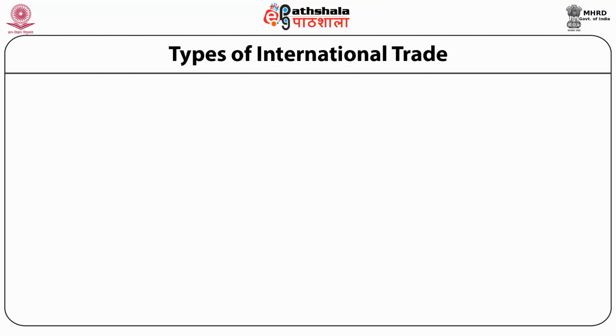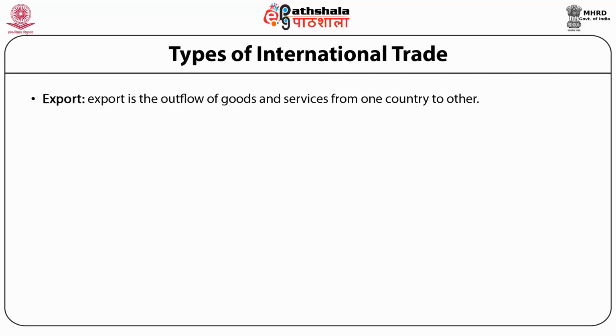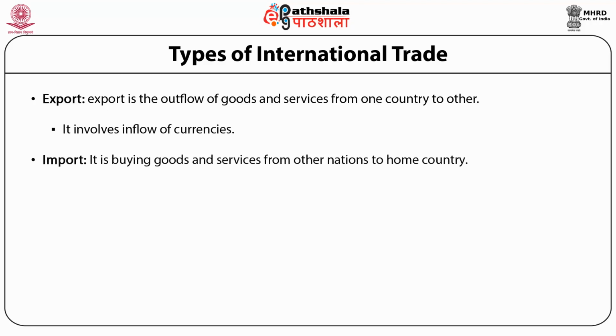Now let us discuss the three types of international trade. One is export. Export is the outflow of goods and services from one country to another. It involves the inflow of currencies. Second is import. It is buying goods and services from other nations to the home country.